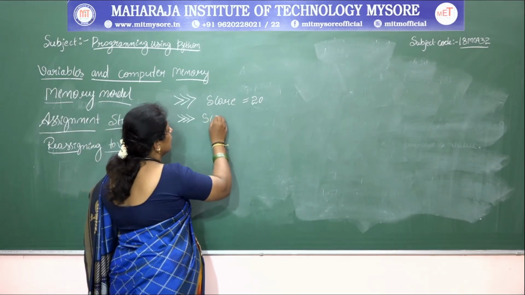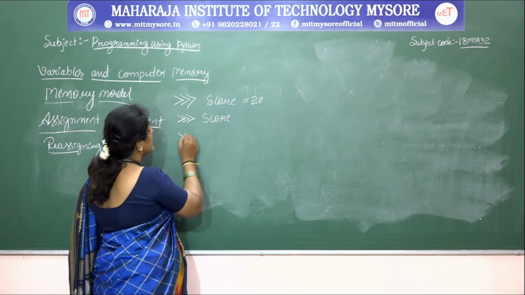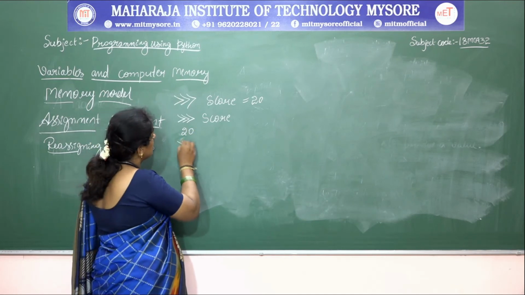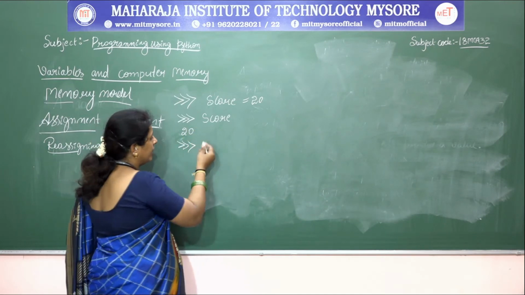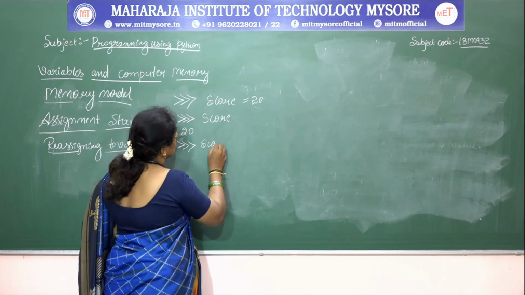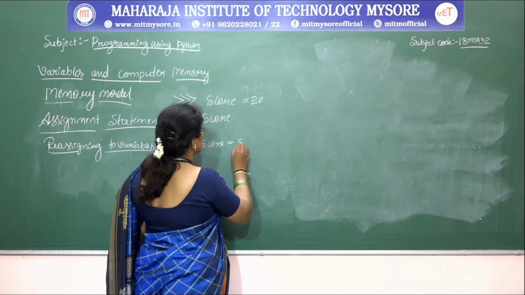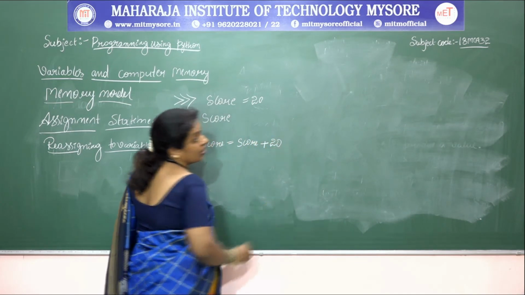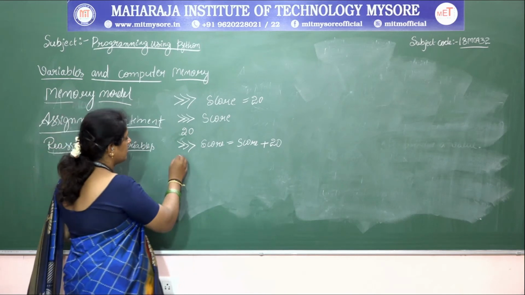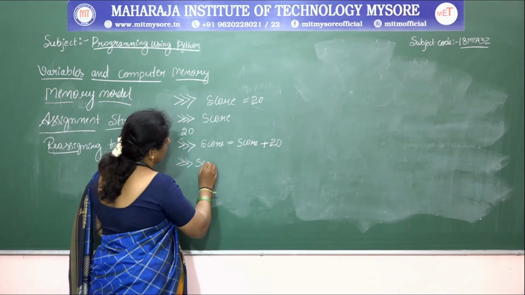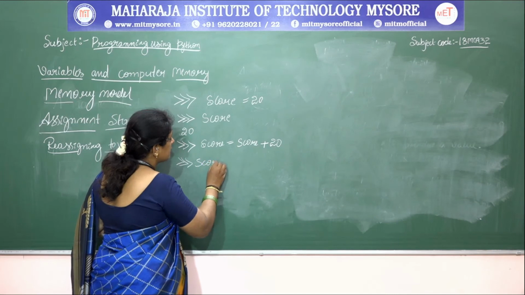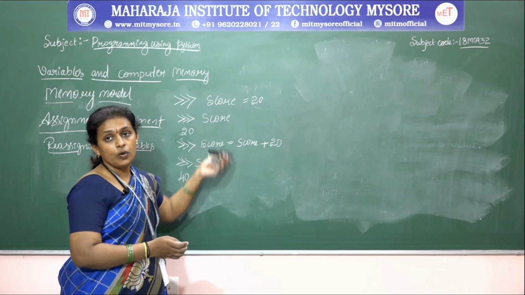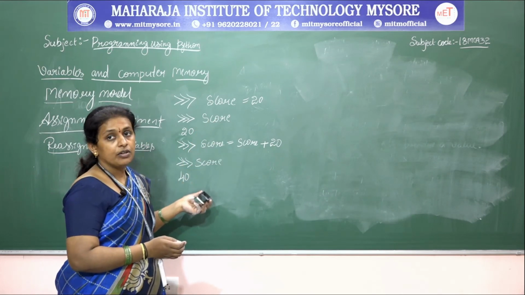I'm just printing the content of the variable score. So I will get the answer as 20. Okay. After that, I am adding score equal to score plus 20. So when this statement gets executed, the value will be stored in the variable score itself. So I am going to just display the content. This is how we usually write the program.